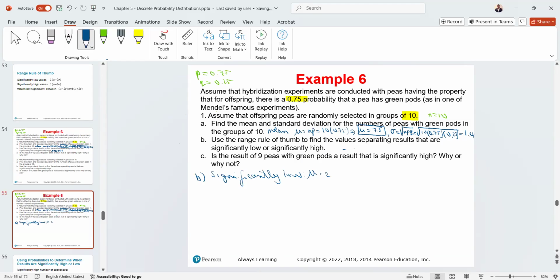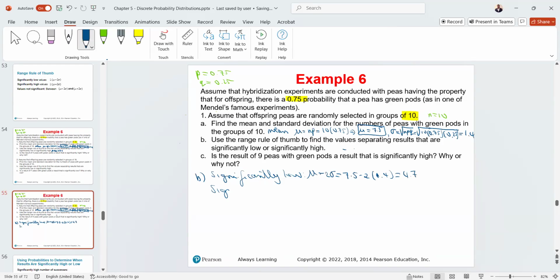That means 7.5 minus 2 times 1.4. The answer for this one would give us 4.7.